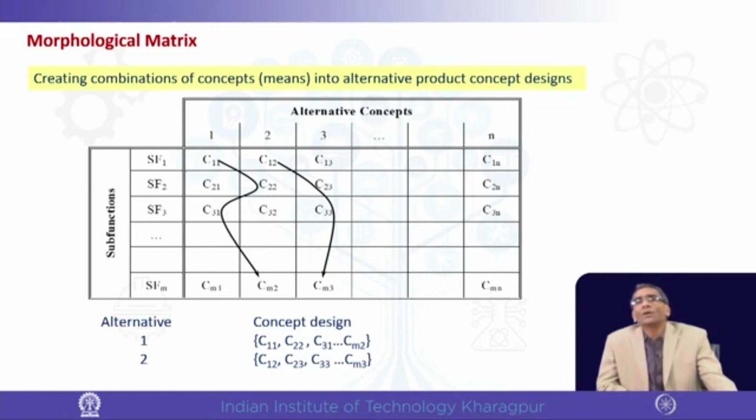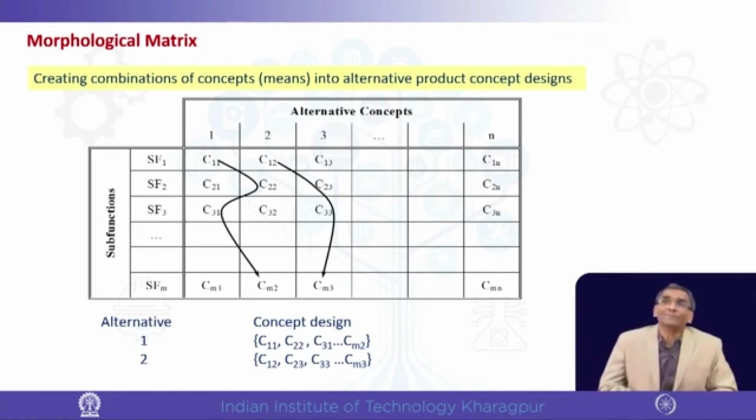Now, there can be multiple alternatives. Here the designer would choose what combination would be useful or economical or attractive or user friendly or whatever the characteristics are according to the product design specification, as we had earlier.